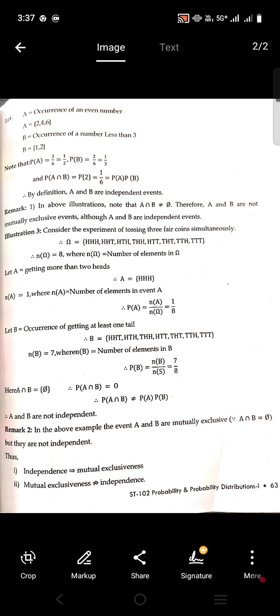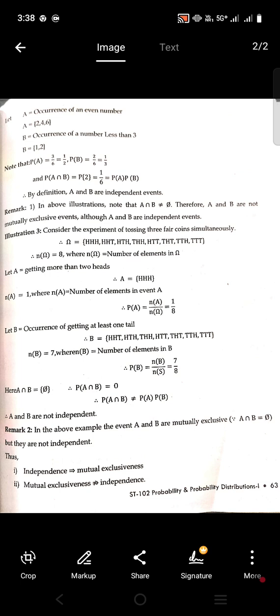Second, the probability of event B, the occurrence of a number less than 3, is m by n, where m is 2, the favorable outcomes 1 or 2, divided by 6, the total sample space, n equal to 6. So 2 by 6 equal to 1 by 3.